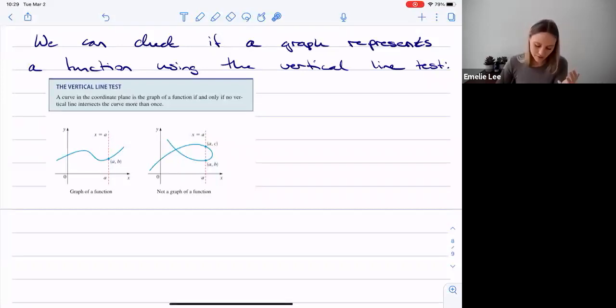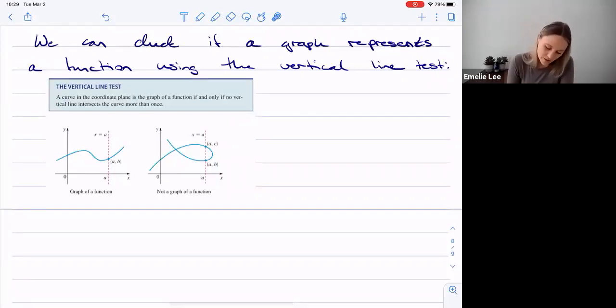Whereas here, right, this input of A gives me two potential outputs. So the graph exists, but it's not a function. Okay. If you think about a circle, right? A circle is not a function, right? It's a graph and it exists, but it's not a function.